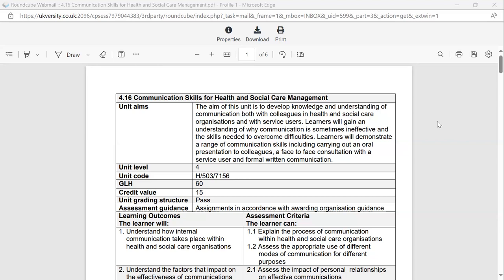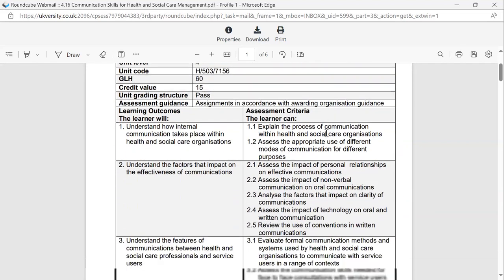The unit level is 4. The unit code is H5037156 and the credit value is 15 credits. The unit grading structure is pass, with assessment guidance from the awarding organisation. So there are 5 learning outcomes.